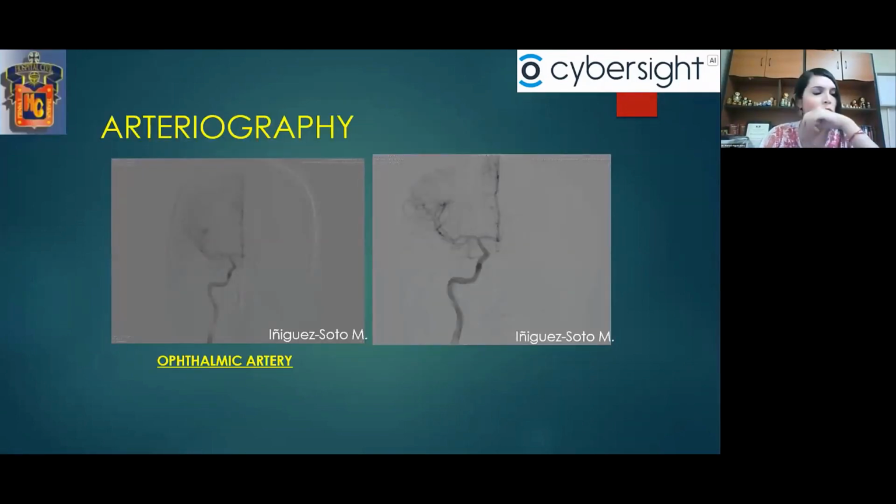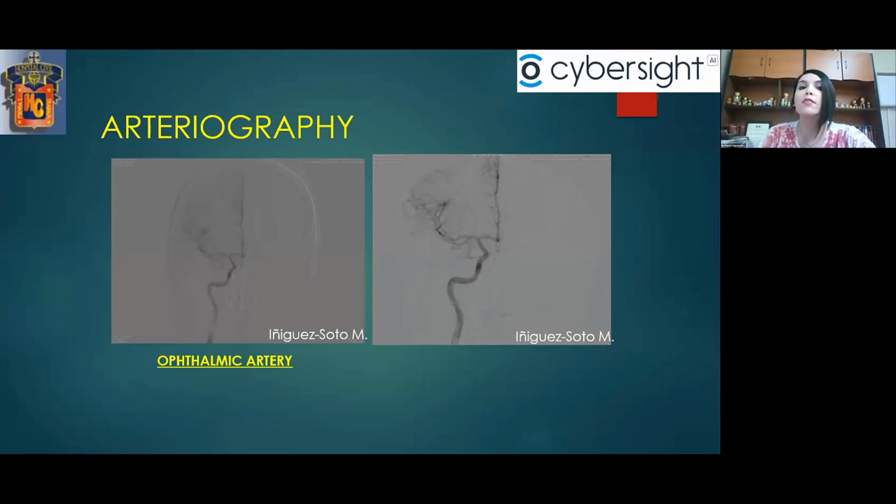And to decide the therapy, we ask for an arteriography, and in this arteriography we can see that the principal vessel is from the ophthalmic artery. It means that we cannot use sclerosant therapy, because if we use that, we are going to lose the 20/20 visual acuity that he has.